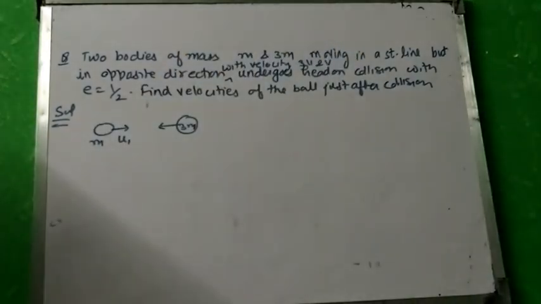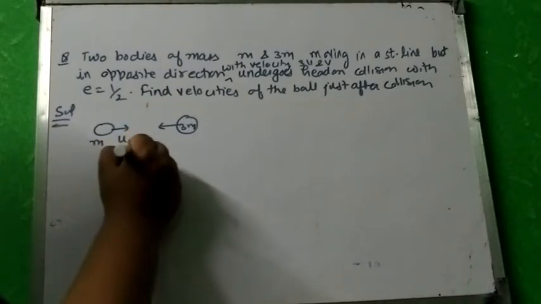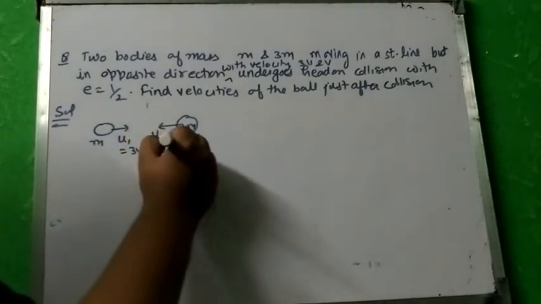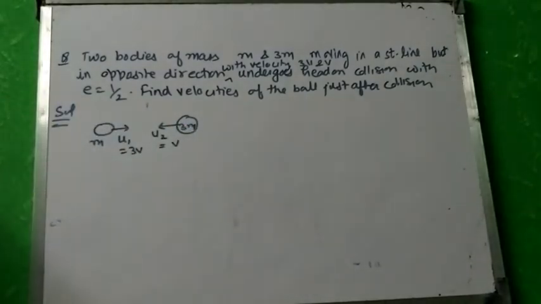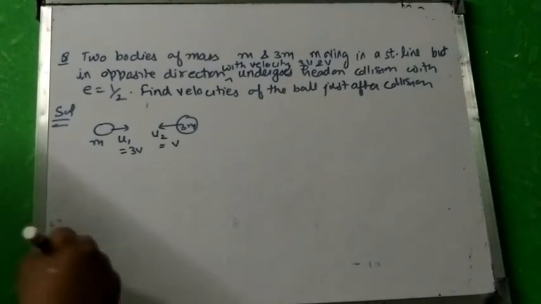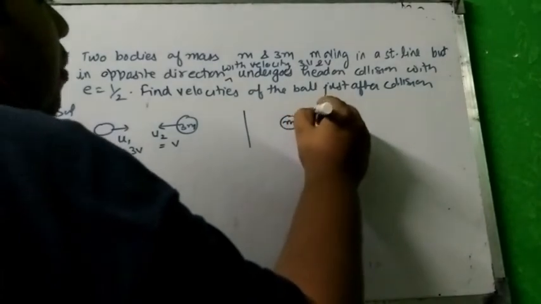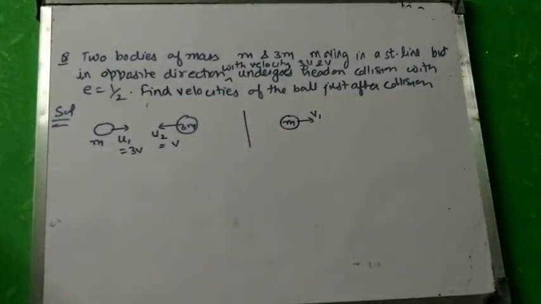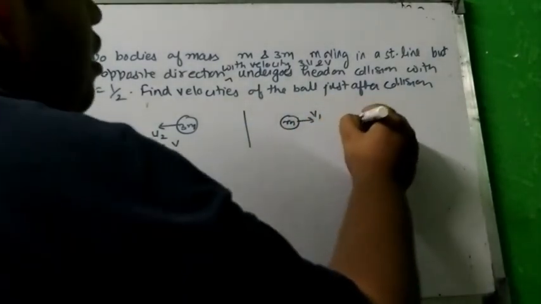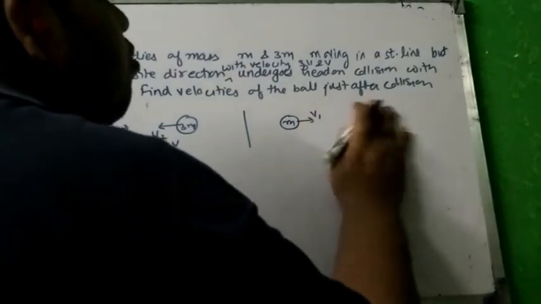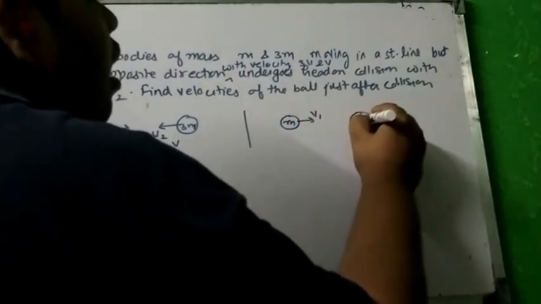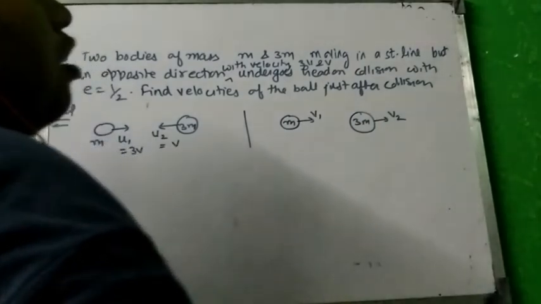So u1 is 3v and u2 is v. Initial velocities are given in the question. They collide with each other and after collision, let's suppose small m is moving with velocity v1 and the 3m is moving with velocity v2. I am assuming both to be moving in the positive direction.